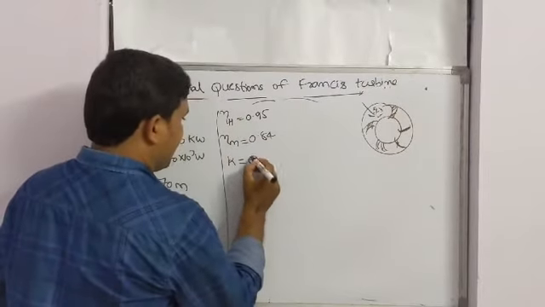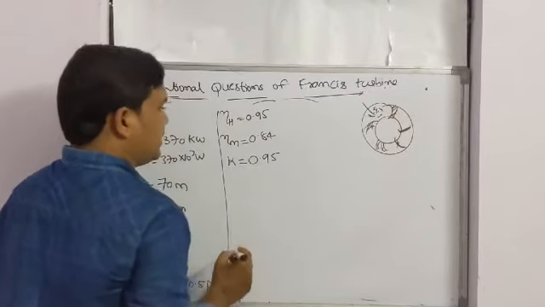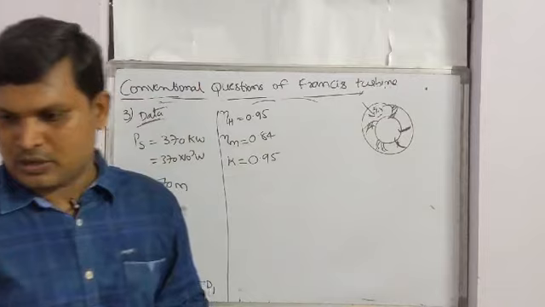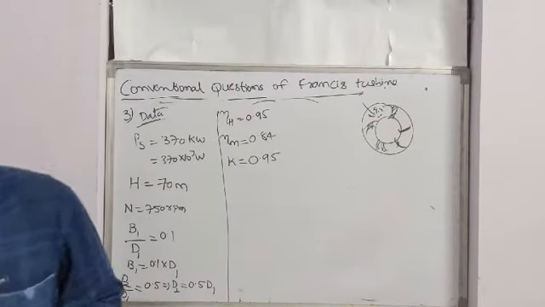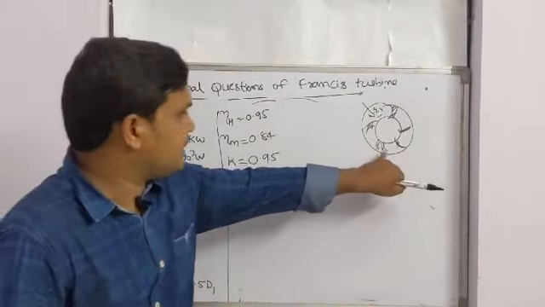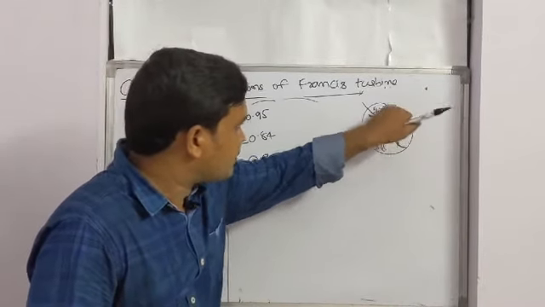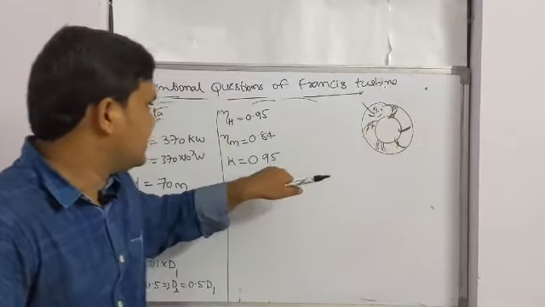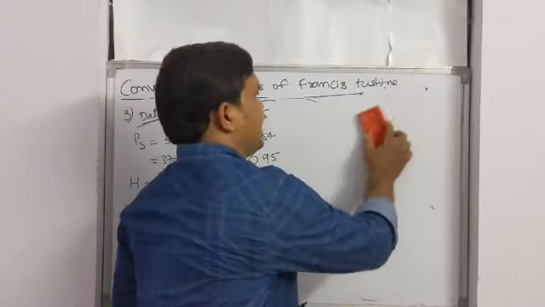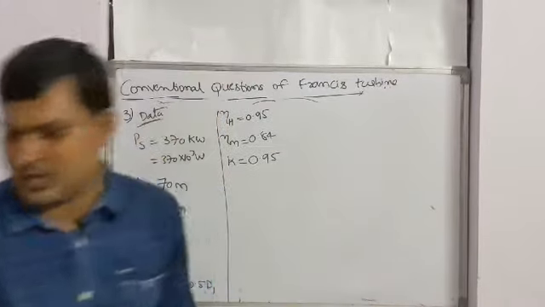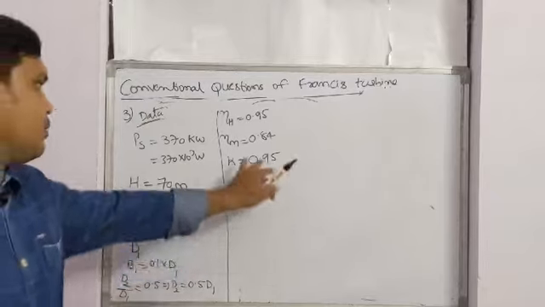That means K is 0.95. This is the flow ratio factor. 100% minus 5% is 95%, that is 0.95.